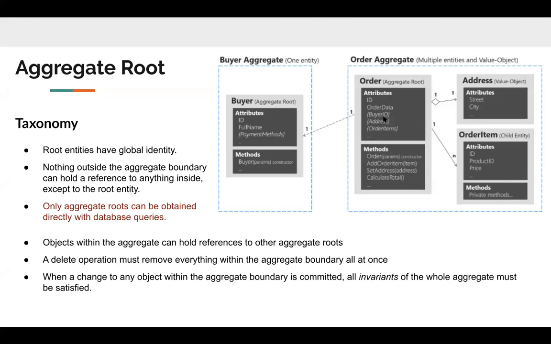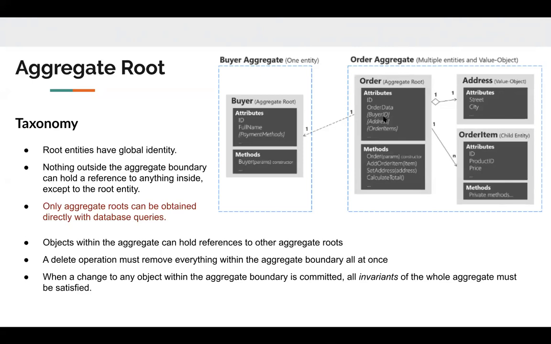But if the order gets canceled or deleted or whatever, that applies to the order item as well. If the order goes away, the address for its shipment also goes away. In the case of household and person, the household might be destroyed or split without affecting persons. So those are, in my opinion, two separate aggregates because they have different life cycles.